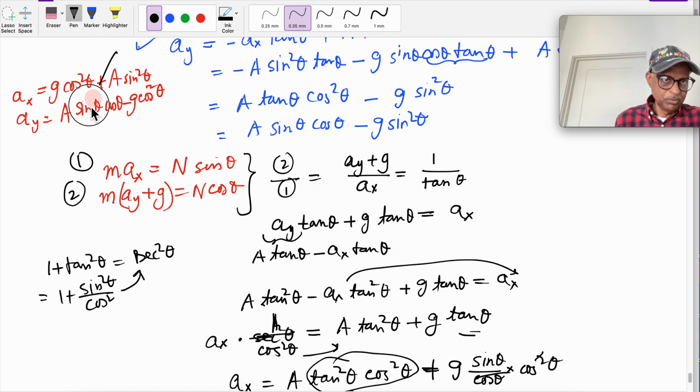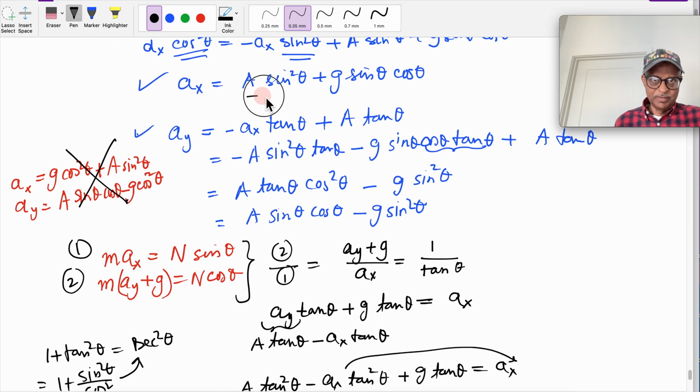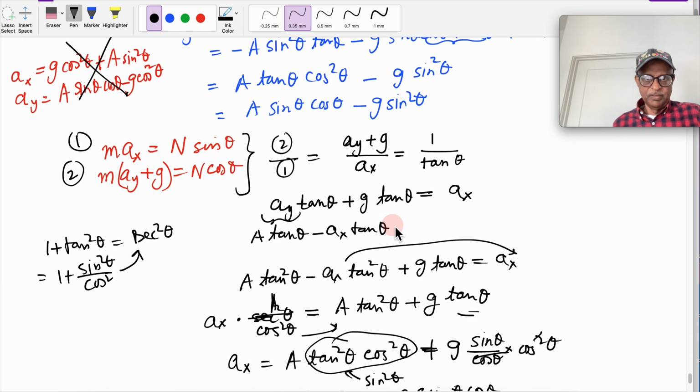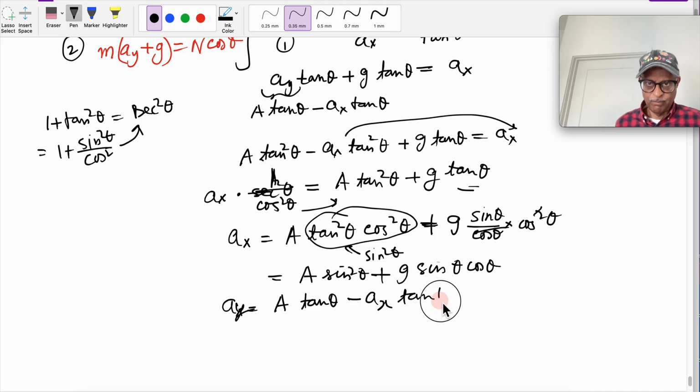Oh, so this was wrong. What I had done earlier was wrong, and just now what I did is correct. Now just complete it again. Okay, so AX equals A tangent theta, AY equals A tangent theta minus AX tangent theta.